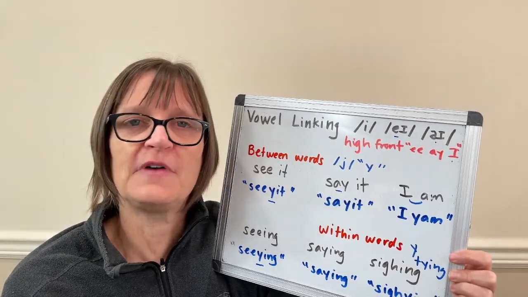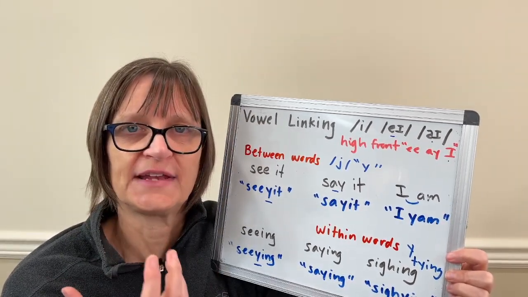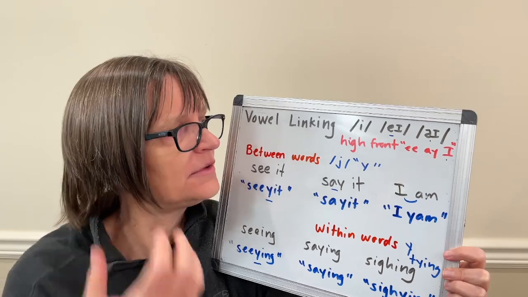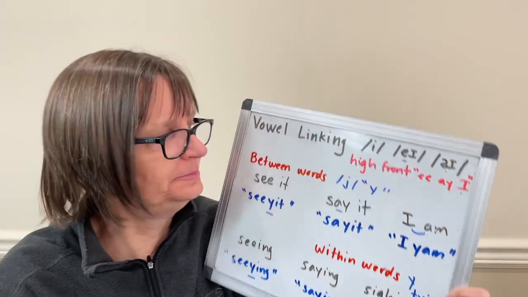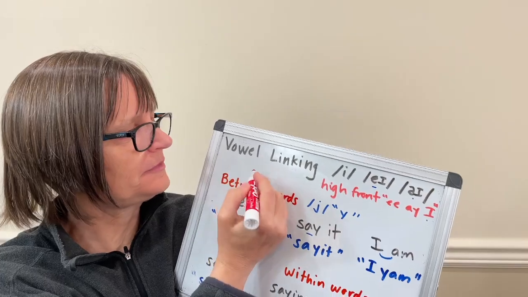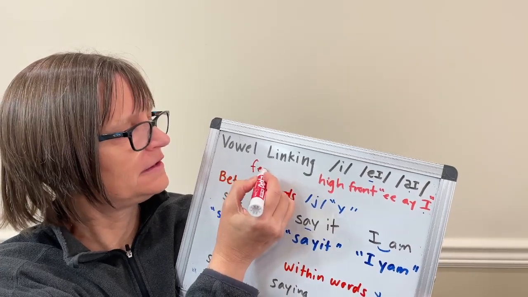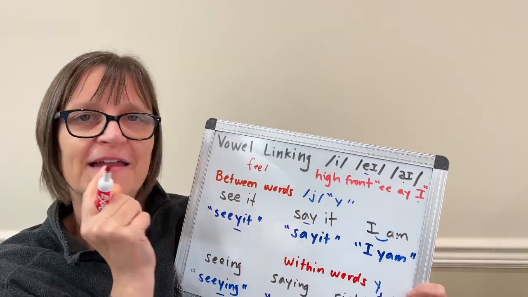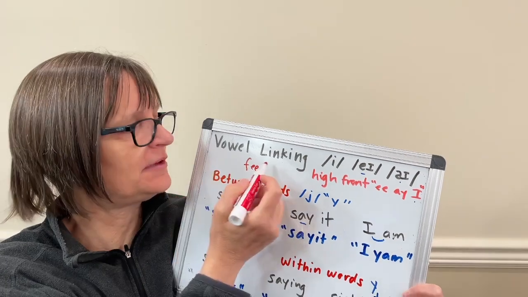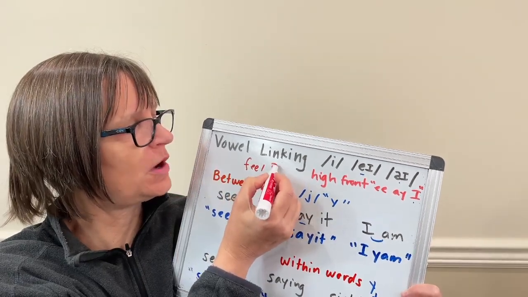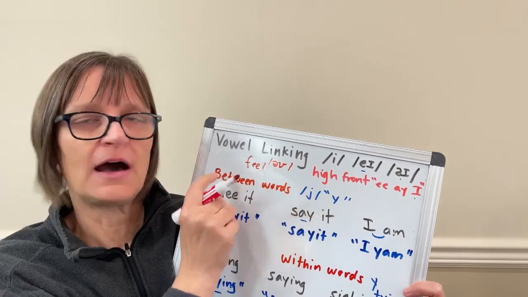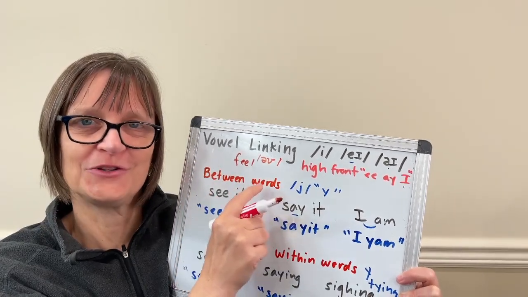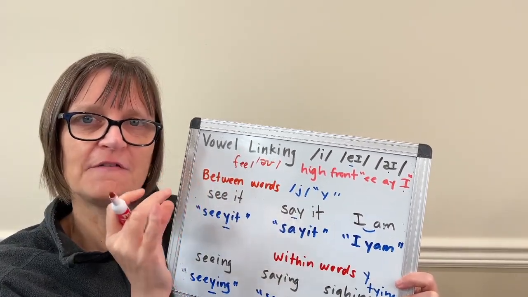We also do vowel-to-vowel linking in words that end with the letter L, with a dark L sound. That's because in those words, for example, a word like feel, we have that high front eel, and before the L, we have a little bit of a schwa or an uh sound. So again, we're moving out of the high front vowel to a different vowel, eel, feel.